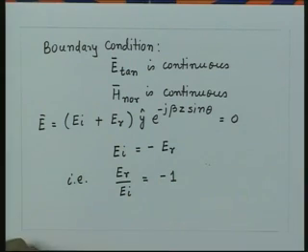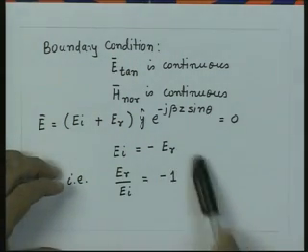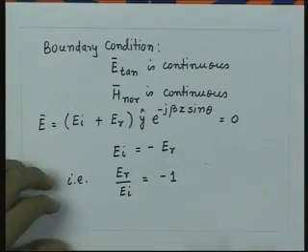If you recall, when we were discussing transmission line, we had a reflection coefficient minus 1 for a short circuited load. That means the conducting boundary essentially is identical to the short circuit condition on a transmission line. So, on one side we have a dielectric medium, which is like a transmission line on which the wave is propagating.